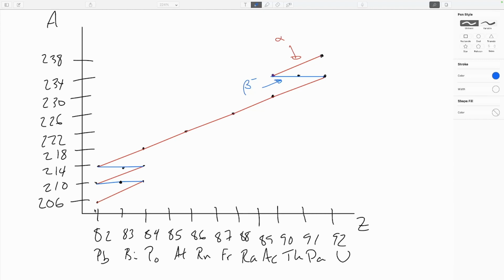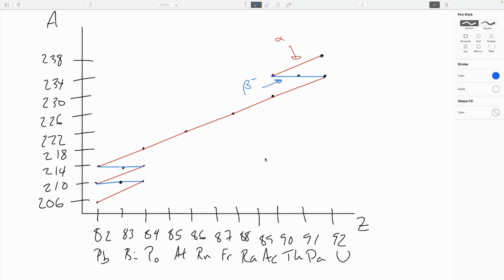daughter end point here. Now, I didn't draw in all of the possible paths there. Some of these have a bit of a choose-your-own-adventure flavor to it, where alternately you could go through some other beta decays and alpha decays, but this is one of the main paths down.